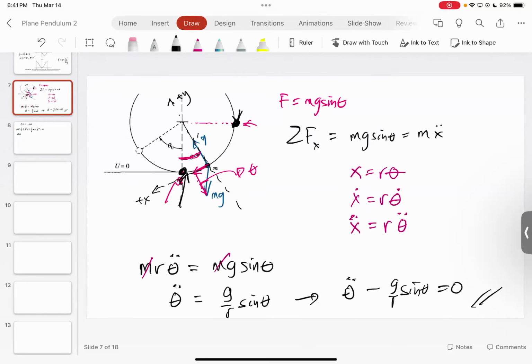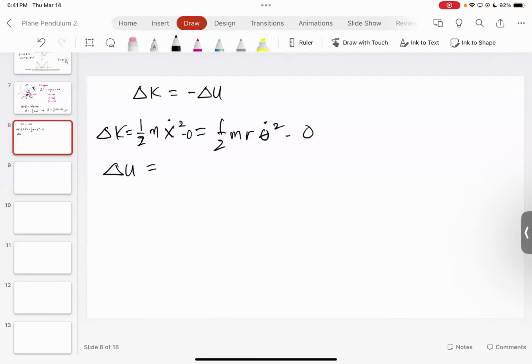From this position to this position, what is the potential here? It's maximum, right? So what is the equation of the potential? mgh. What is h here? Of course, you need to describe it in terms of theta. So the initial is mg sine theta m, which corresponds to theta max. In this figure, theta m is 90. Then of course, this is negative.